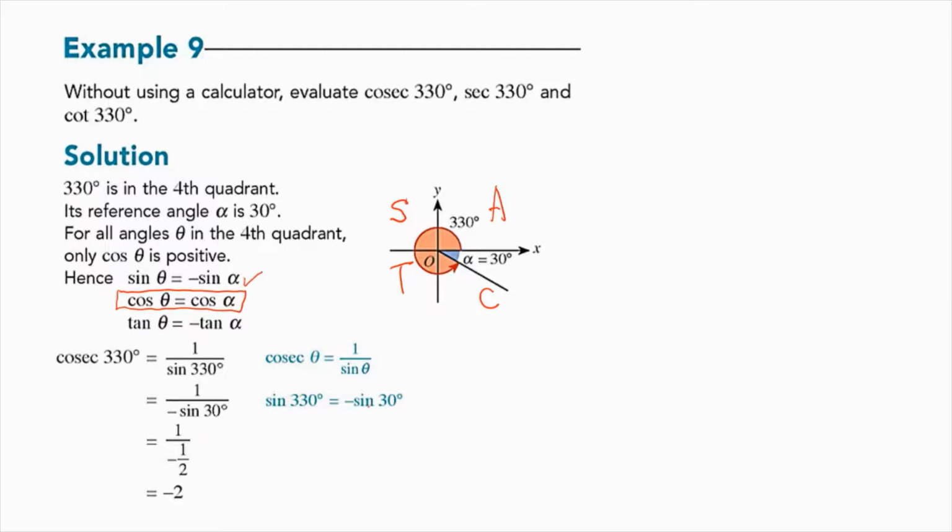So we can replace sine 330 with negative sine 30 degrees, and sine 30 degrees equals half. So you substitute half into it and evaluate it, you get minus 2.